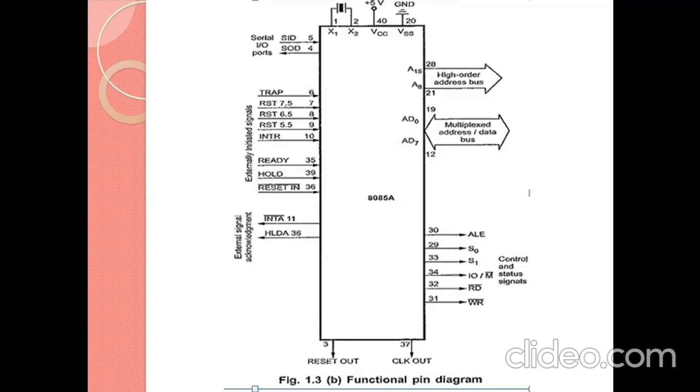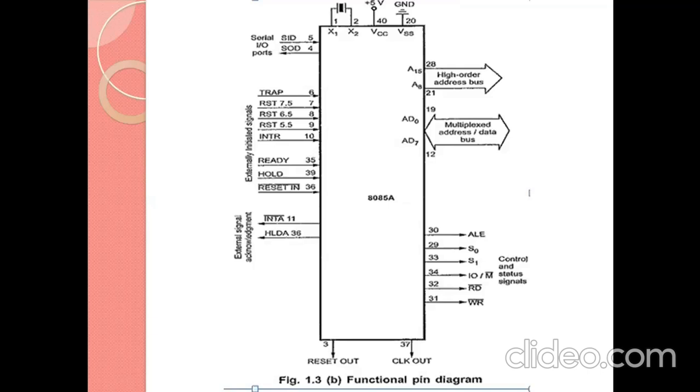Another function is address and data bus. Another function is power supply and clock signal. Another function is serial I/O signal, external acknowledgement, and externally initiated signals. So these are the various functions of the functional pin diagram.